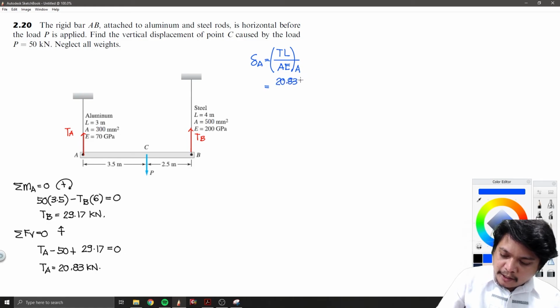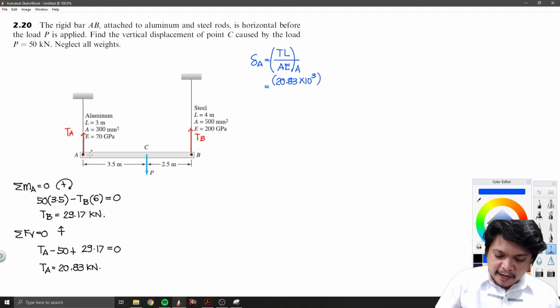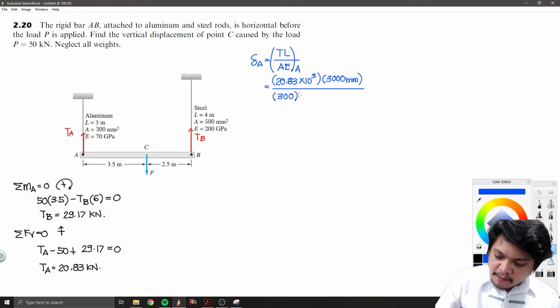Kaya lang gawin natin kilonewton, so times 10 gawin natin newton, so times 10 to the 3. So, ang L niya is 3 meters. So, gawin natin millimeters, so 3,000 mm, para ang resulting natin is in mm. All over, ang A natin, naka mm squared naman na. So, you will be having here 300 mm squared.